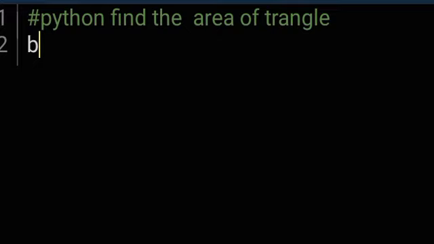Take letter B as part of the variable. So B will be equal to float.